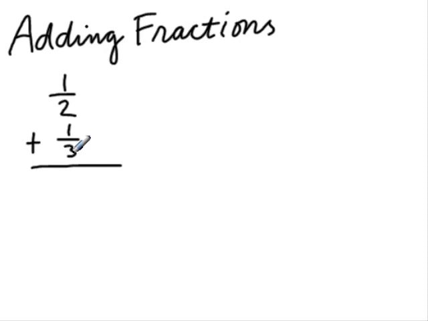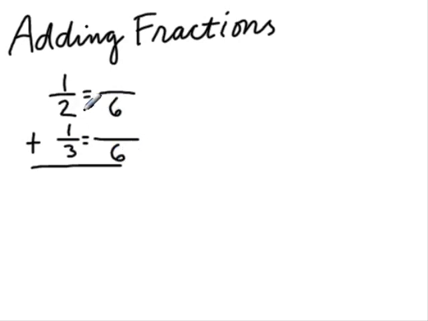The two fractions are two different kinds, two different sizes. What we'll have to do then is to find a common denominator, a common size, so that then we can add them. Well, a common multiple of 2 and 3, simply 2 times 3 would make 6.